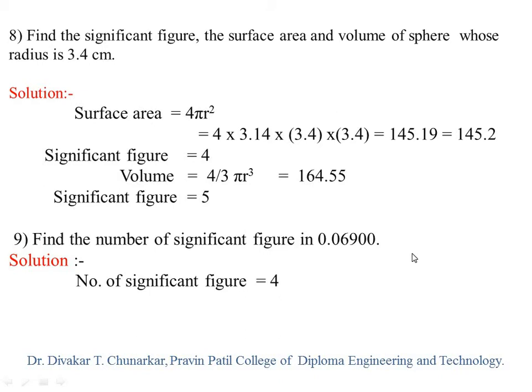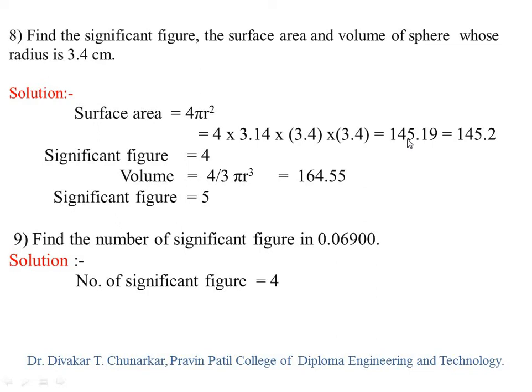Then next numerical problem: find the significant figures, the surface area and volume of the sphere whose radius is 3.4 centimeter. So surface area equals 4 pi r square. So 4 into pi, this is 3.14 value of pi, and r is 3.4 into 3.4.